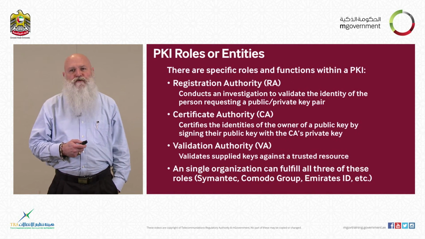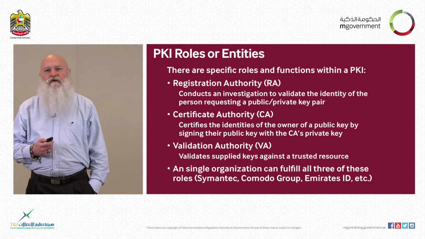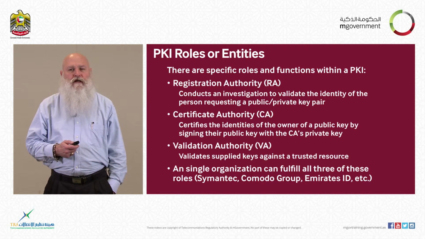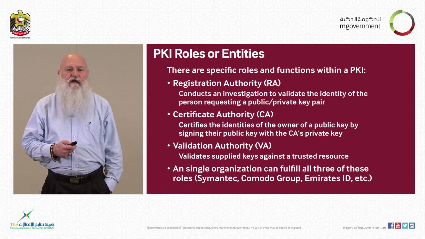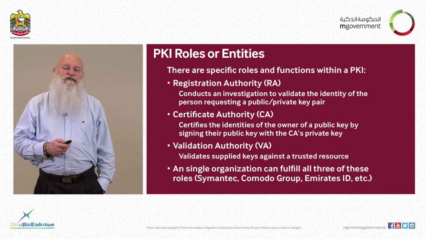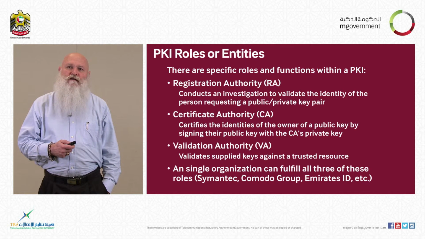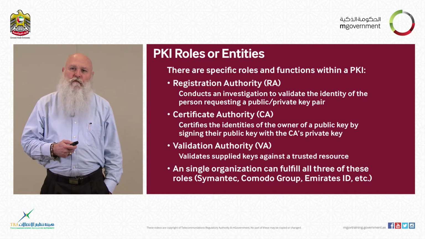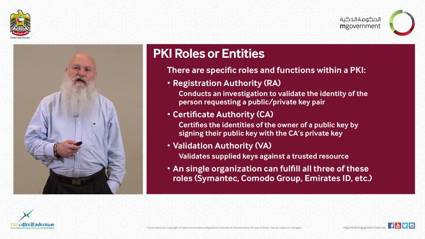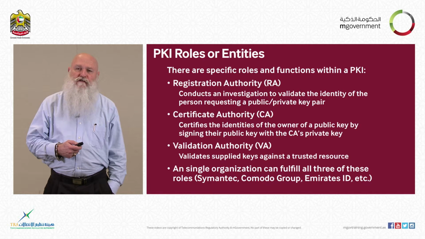The public key infrastructure relies on three critical logical entities called a registration authority, the certificate authority, and the validation authority. The role of the registration authority is to investigate and to determine that an individual who claims to be Alice actually is Alice.